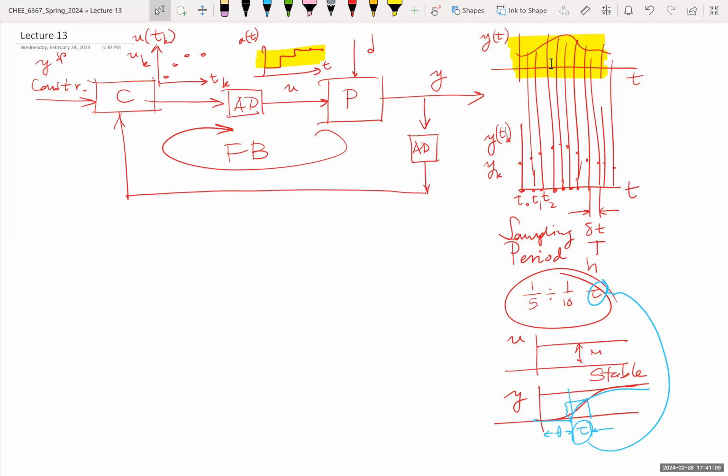The computer, on the other hand, sees things of this nature, namely you have this measurement, and from this measurement, the computer generates that manipulation in discrete time. From points in time, it creates other points in time. The question then is, how does the computer do this calculation to take Y and from that generate U? Well, that's what we're going to cover today.